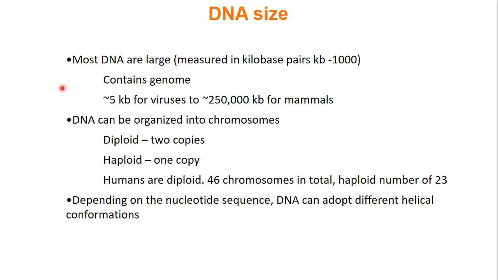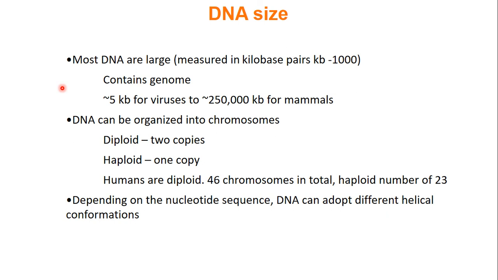Now, in general, DNA strands are incredibly large, so large, in fact, we talk about them in kilobases, that is, thousands of bases. And that makes sense. DNA contains the genome. And depending on the organism, the genomes will be different sizes, right? So a virus can have like a 5 kb genome.